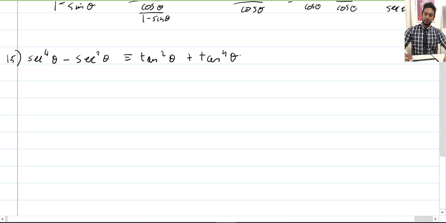Alright, so hold on. Remember there was one that said tan squared plus 1 is sec squared? Alright, if anybody's wondering why I'm scratching the screen, it's supposed to erase like that. There you go.